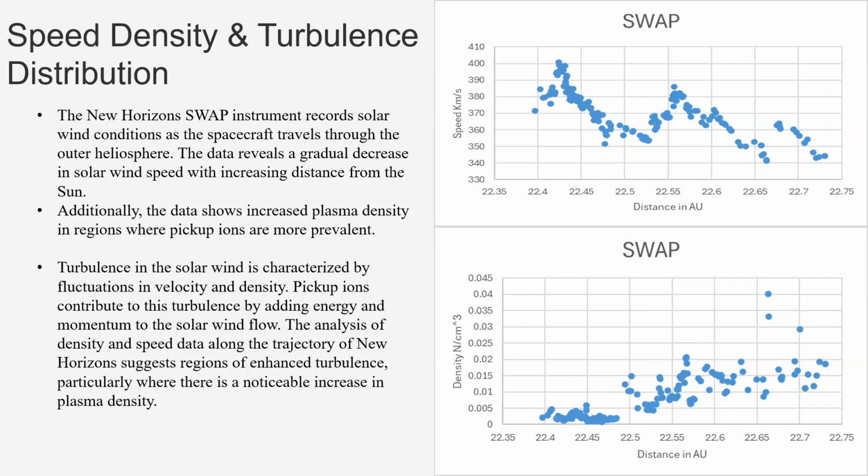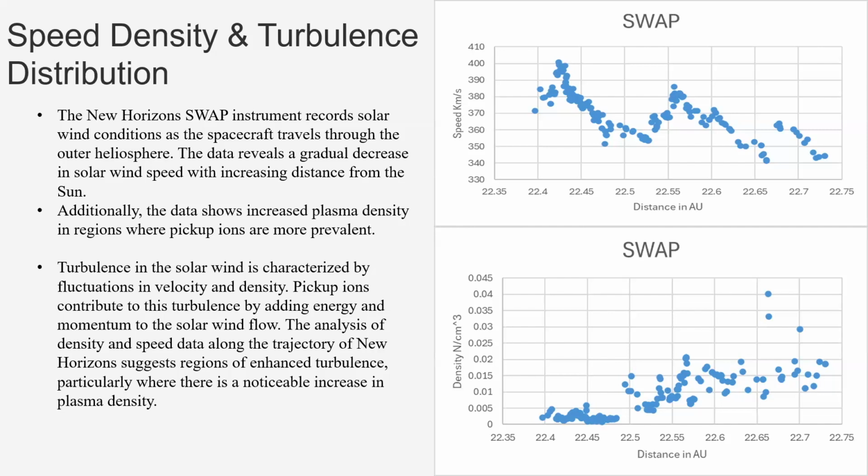And as you can see here at the top, as the distance of New Horizons is increasing, getting farther away, you see that the speed of the solar wind is actually decreasing.